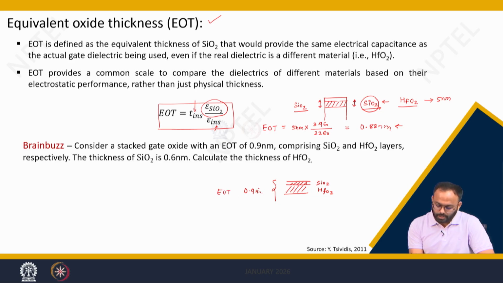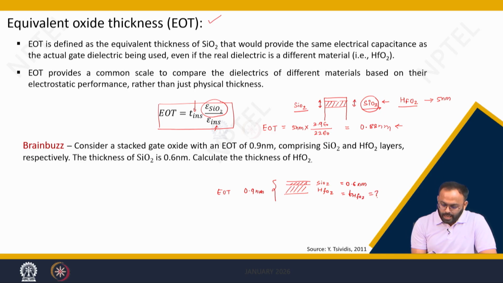So, this is my EOT. Given that the thickness of the silicon dioxide layer is 0.6 nanometer, I need to calculate the thickness of HfO2.